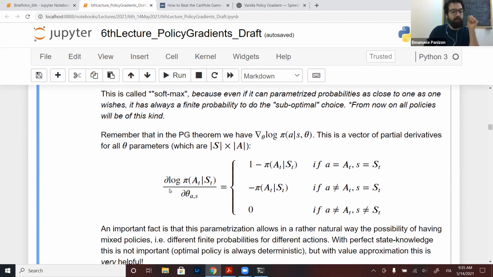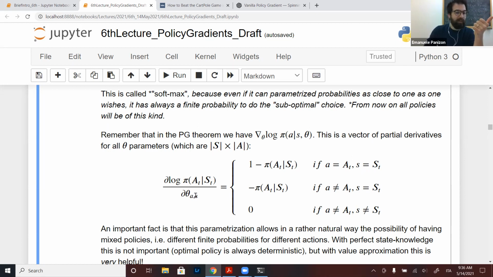So what is the derivative of the logarithm of the policy for an action and a state with respect to the parameters of a given action A and a given state S? Well, there are three cases.